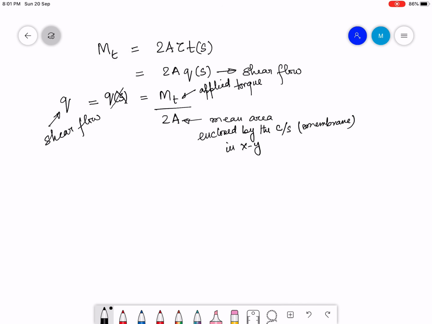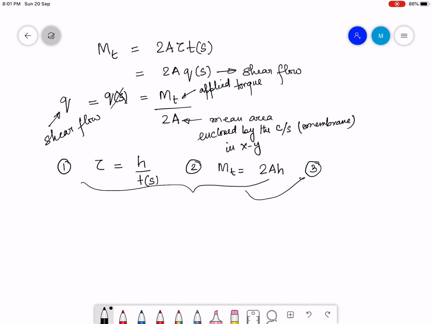One is tau_s equals H by t_s. Second, M_t is equal to 2A into H. And third, which is derived from these two, is q, which is tau_s into t_s, equal to M_t by 2A.